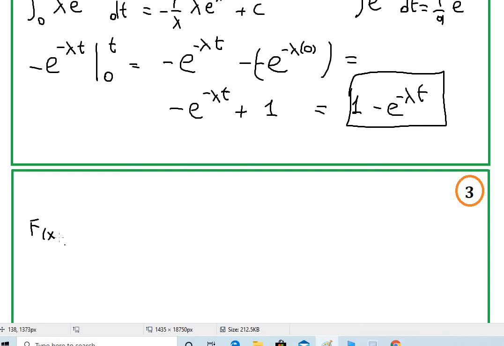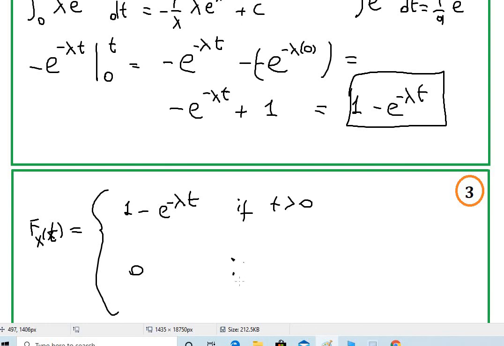So let's write out F_X of x: 1 minus e to the negative lambda t, we use t, so let me change it to t, if t is greater than 0, and 0 if t is less than 0.